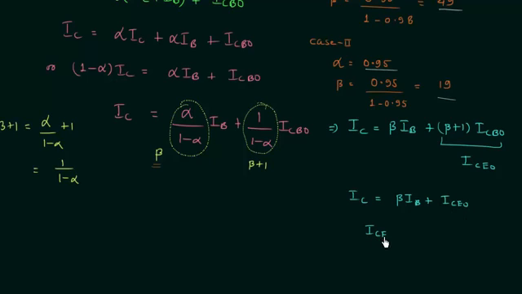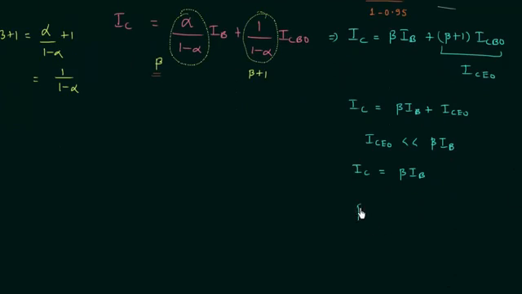ICEO, the reverse saturation current or leakage current, is much smaller than beta times IB, so we can neglect this, and we have IC equal to beta times IB. This implies beta is equal to IC divided by IB. This is what we have.